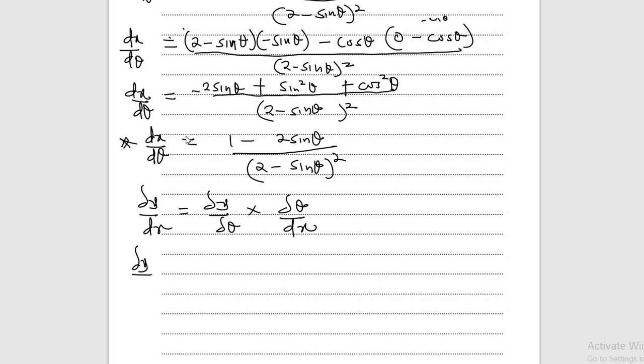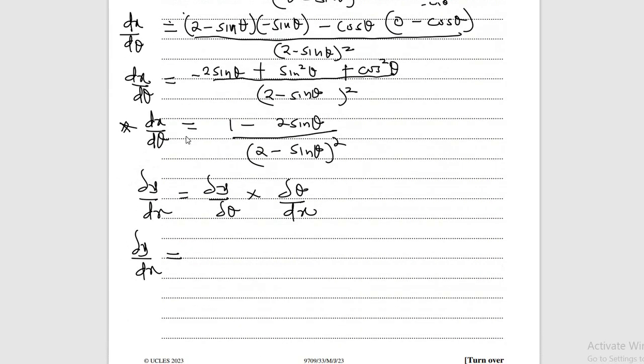So dy by dx will be, what's dy by d theta? If you remember, dy by d theta is 1 minus 2 sine theta, times d theta by dx, which will be the inverse of this one.